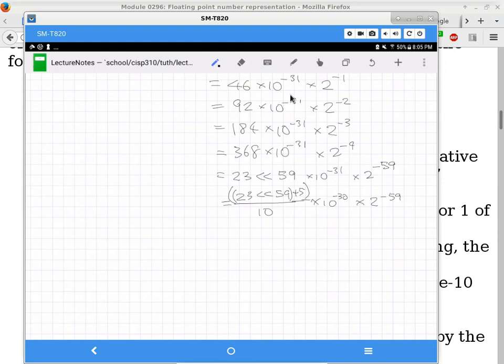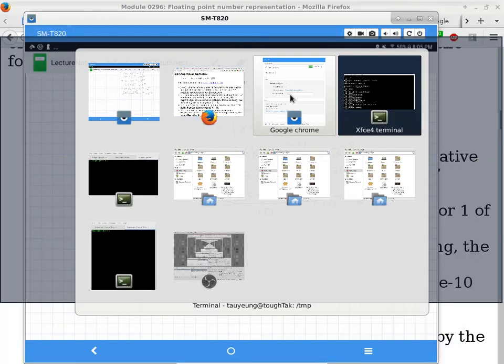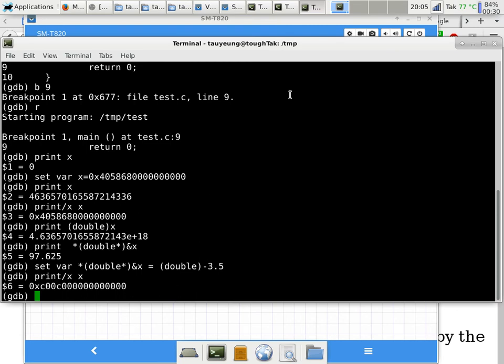Which is a problem, because now, what do we do with this? Well, fortunately, I have a command line. We still have GDB. This is still the same GDB session that I think we left open the other time. So we can just do this. Now, you have to be careful when you use GDB, because 23 has a type of integer. Unfortunately, GDB understands the integer type to be 32-bit only, so it is not going to work the way we think it should.